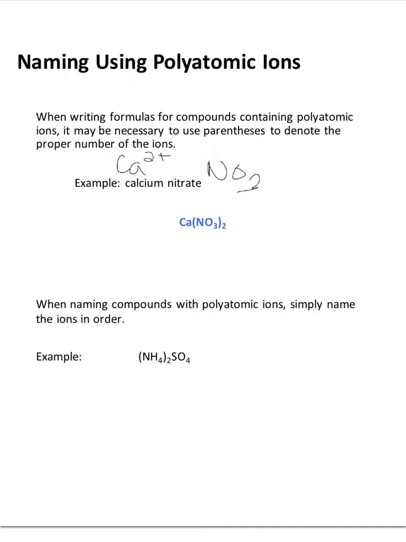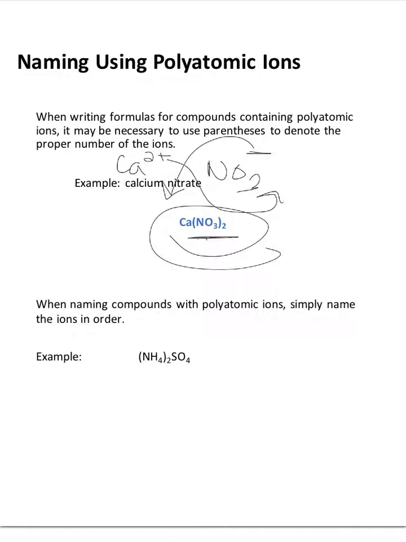And from the table on the previous page, we know that the nitrate ion is charged with a negative charge. So if we were to provide the formula for the compound calcium nitrate, remember we just cross our charges. So what we end up with is Ca, parentheses NO3, and then 2 outside of the parentheses.